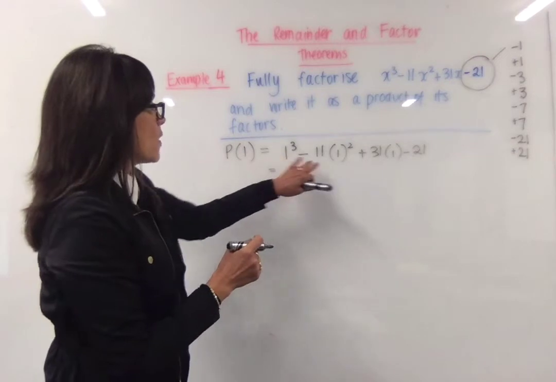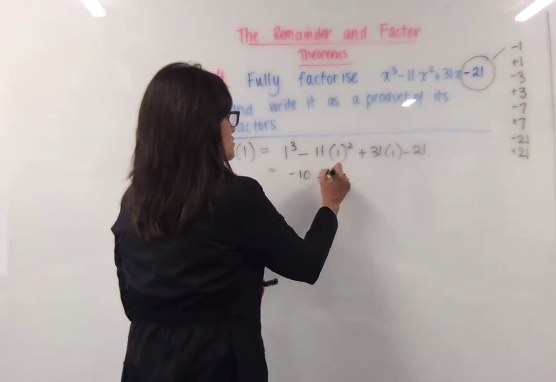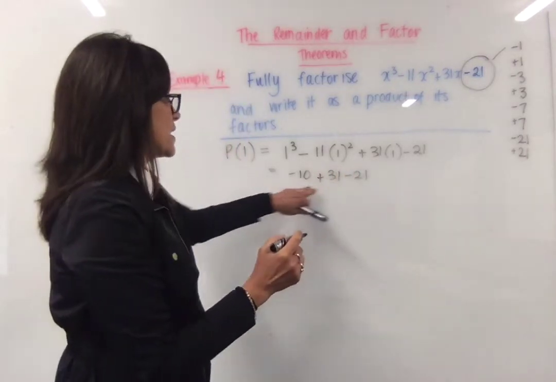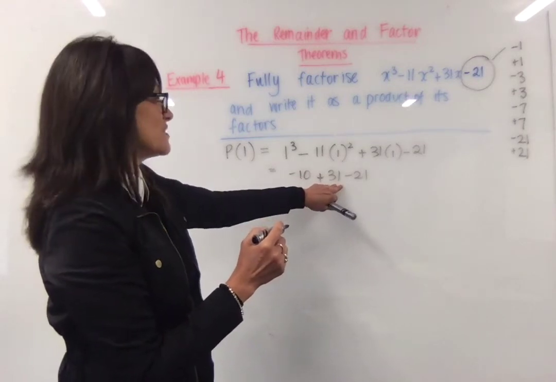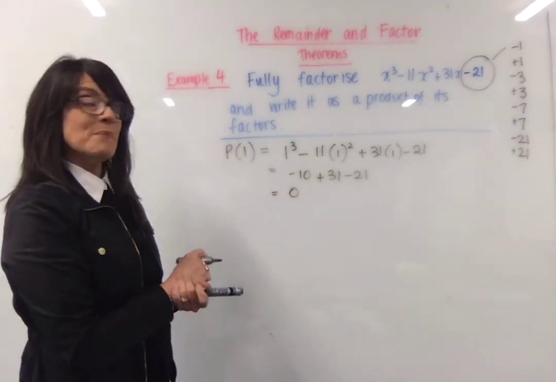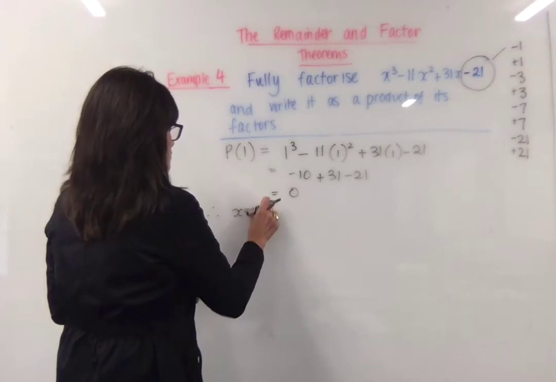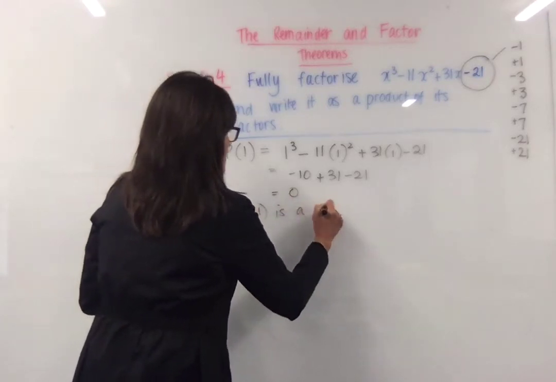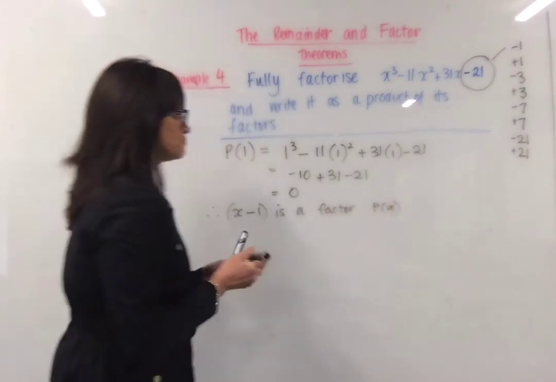And in doing that, 1 minus 11 is negative 10, plus 31 is positive 21, minus 21 is 0. So that means that x minus 1 is a factor of our polynomial p(x).